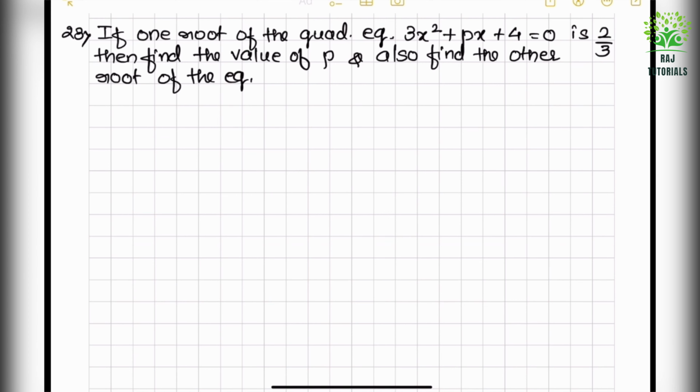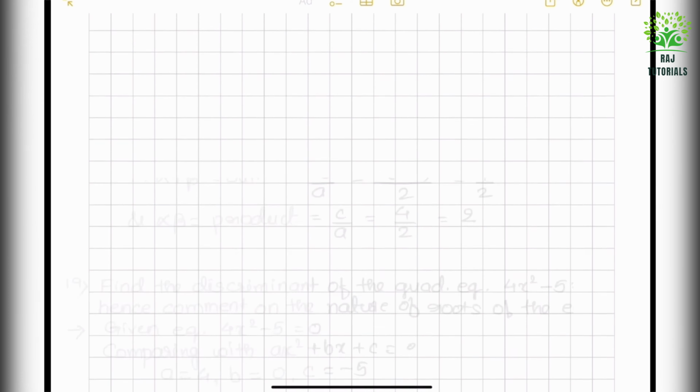Now next question says, if one root of the quadratic equation 3x square plus px plus 4 equal to 0 is 2 by 3, then find the value of p and also find the other root of the equation. So here quadratic equation given is 3x square plus px plus 4 equal to 0.